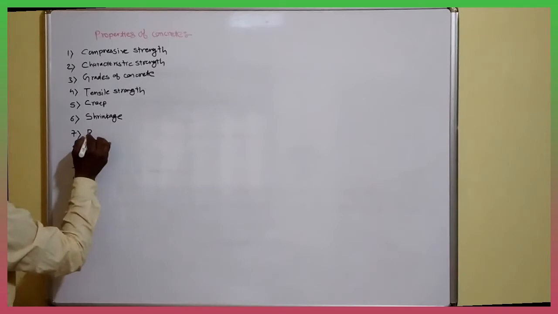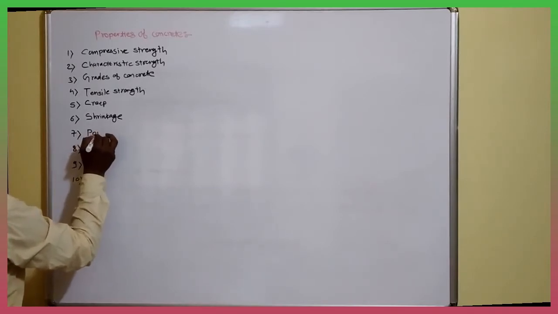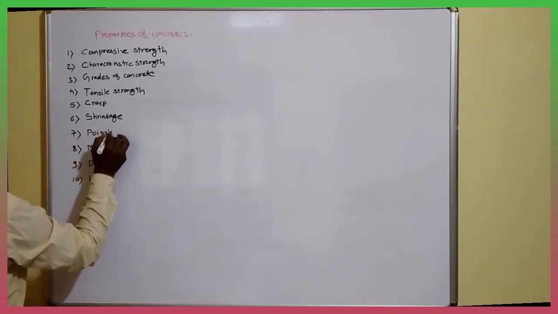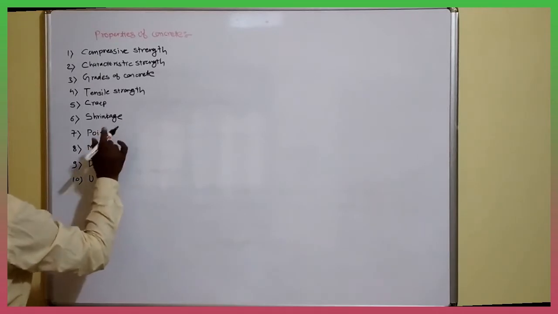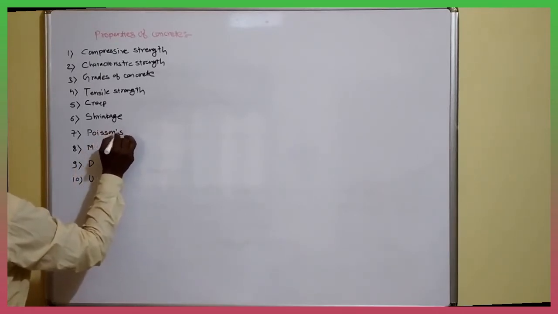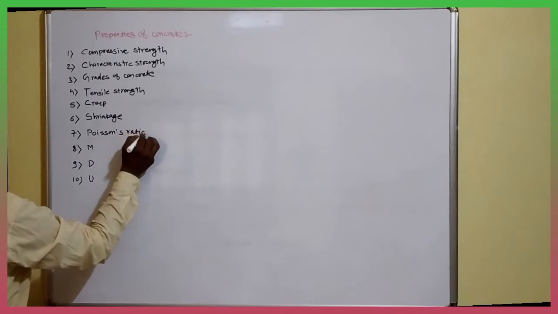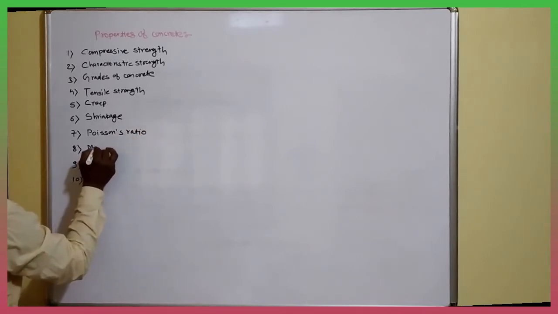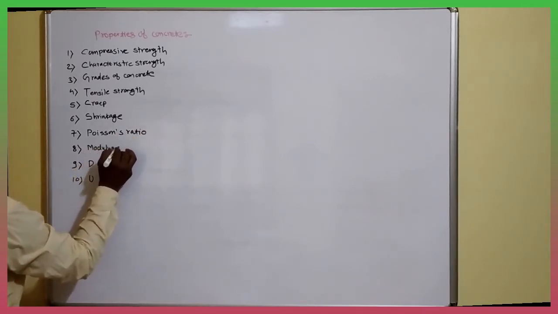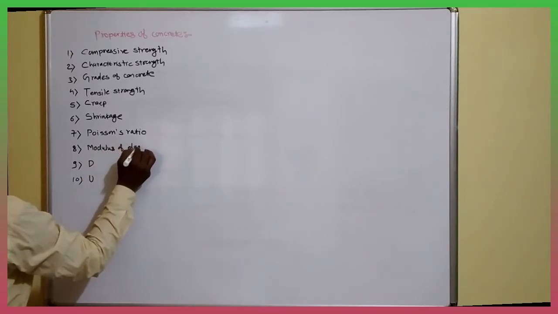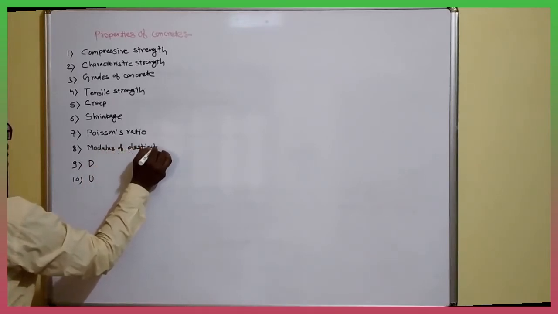P means Poisson's ratio. M means modulus of elasticity.